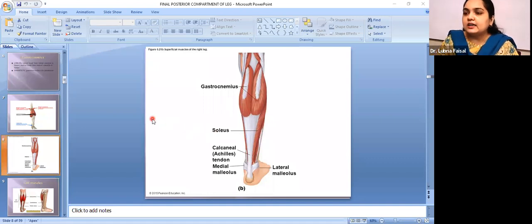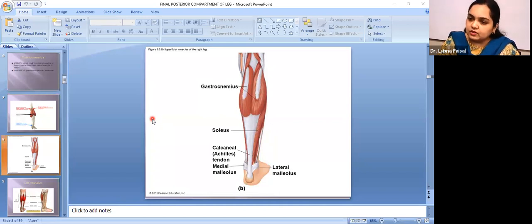Now, something regarding the transverse intermuscular septa. This transverse intermuscular septa, present between the superficial and the deep group, when it goes down, reinforces and forms a transverse band called the flexor retinaculum.